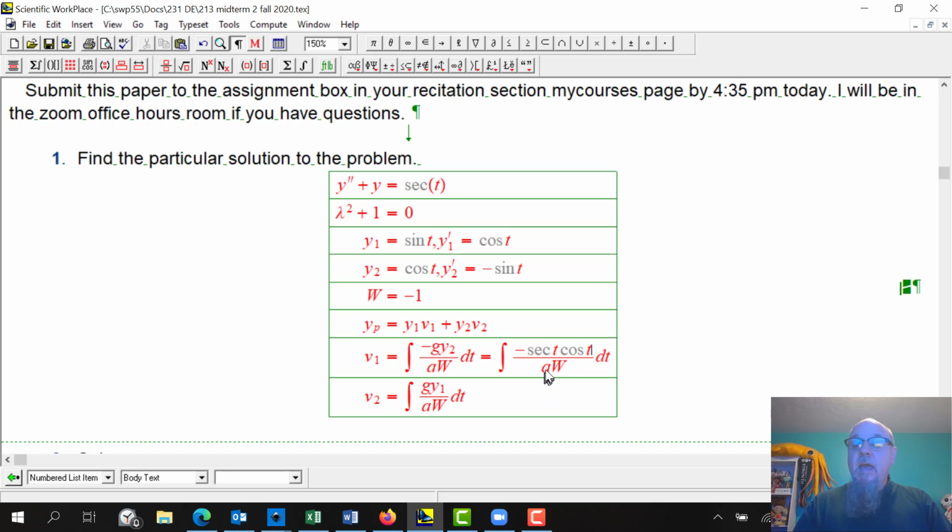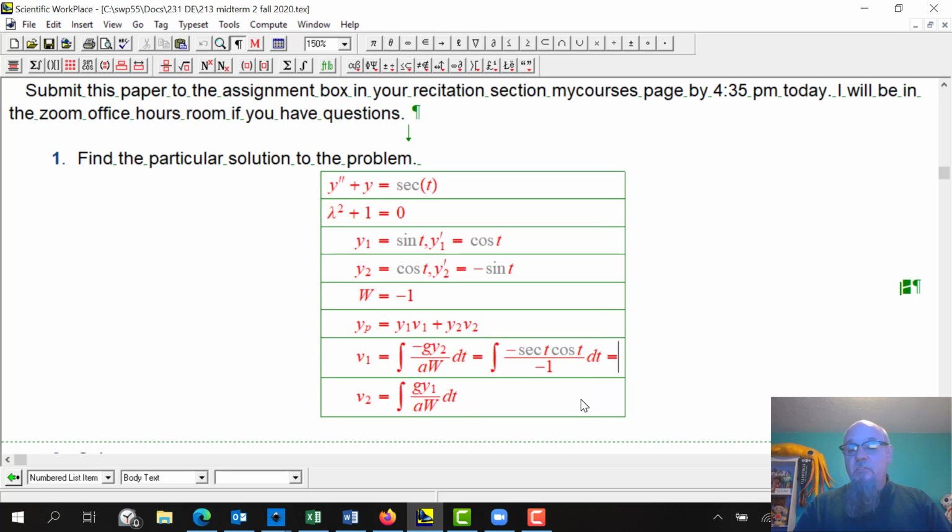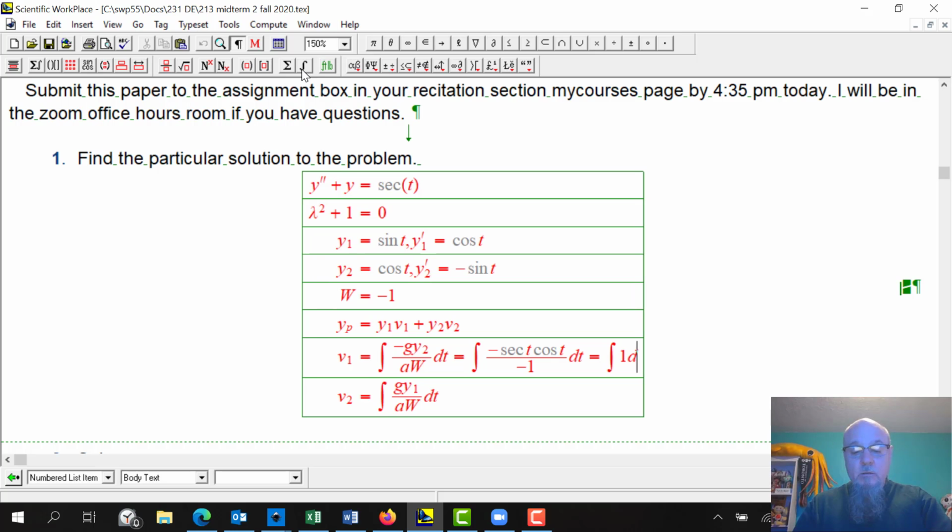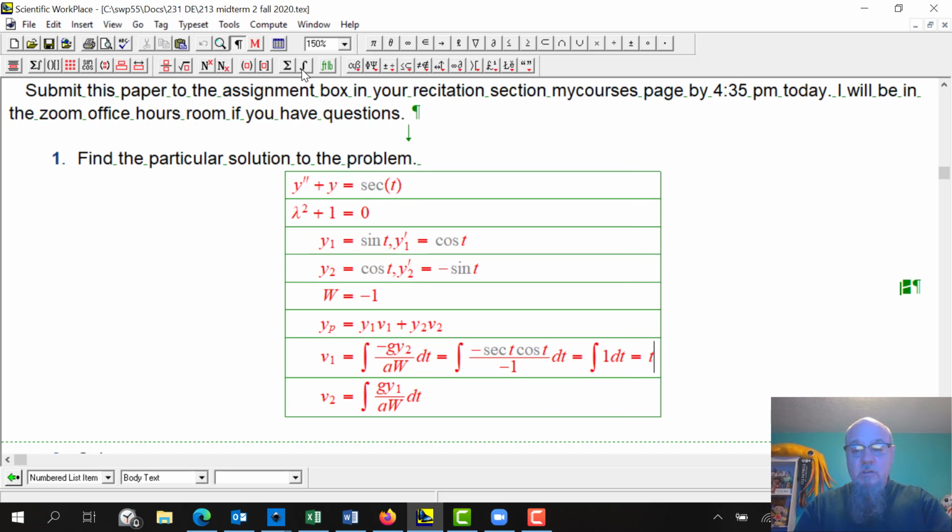The Wronskian, a is 1 and the Wronskian is minus 1. So I'm doing this integration. The minus and the minus are going to cancel out. Well, let's finish this. Secant is 1 over cos. So this is just integrating 1 dt, which is equal to t.